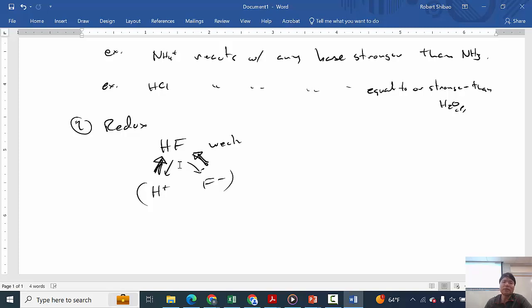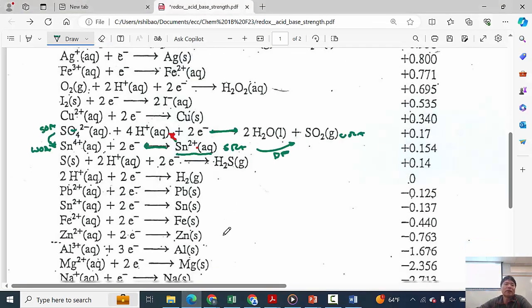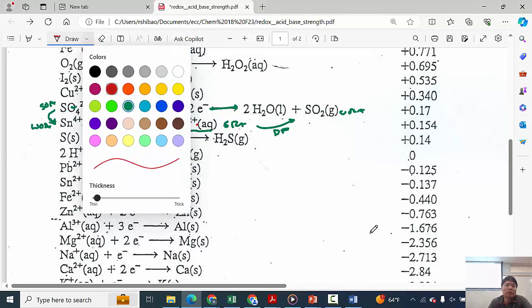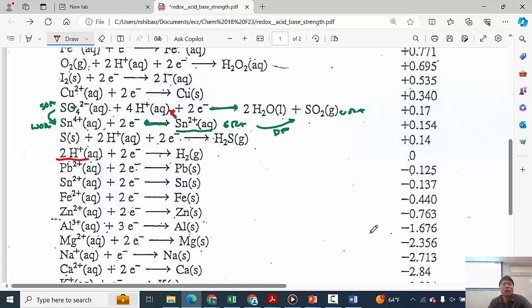So we'll look at the components of H plus. So we'll look at H plus first. What does H plus react with in the redox sense? So we go back over here and we look at H plus, which is here. H plus, what will it react with?